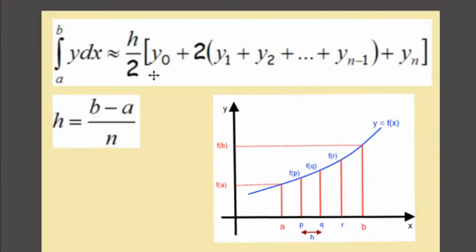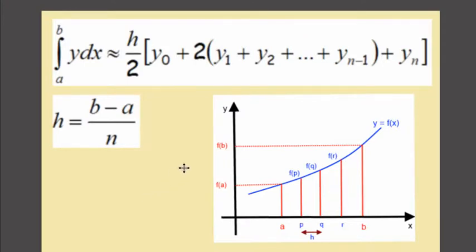Okay? In this case, h is equal to b minus a over n, n being the number of strips, and a and b being your two borders. So if you want to find the area between those 2 points, that will be your a and your b. h is the width of the strip.